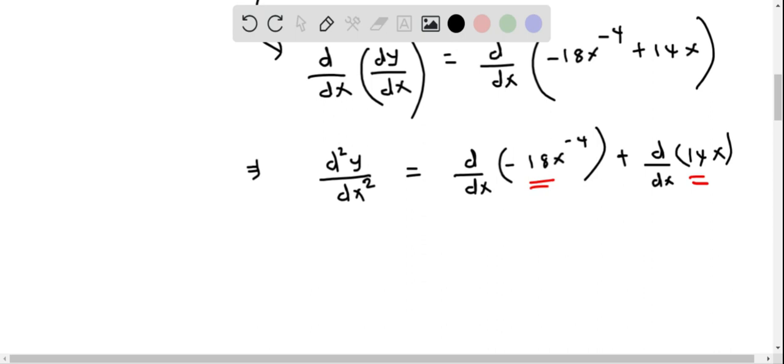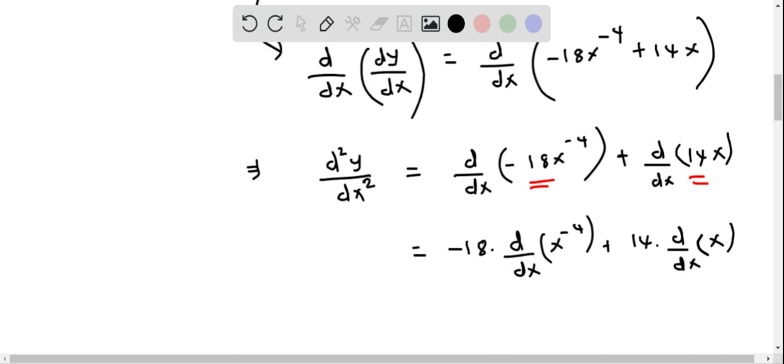So therefore I can write down this as, when I use a constant multiple rule, negative 18 times d by dx of x power negative 4 plus 14 times d by dx of just x. So basically we are finding the derivative of only the x power minus 4 in the first term and only the term x in the second term, because the constants we have factored out.